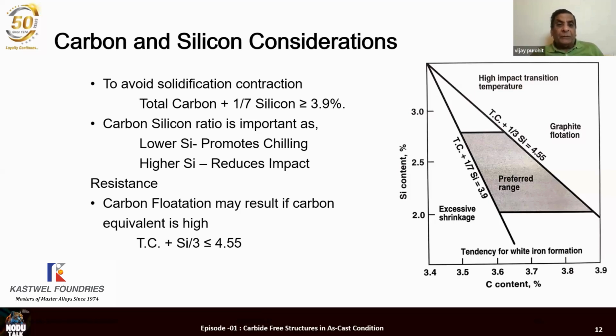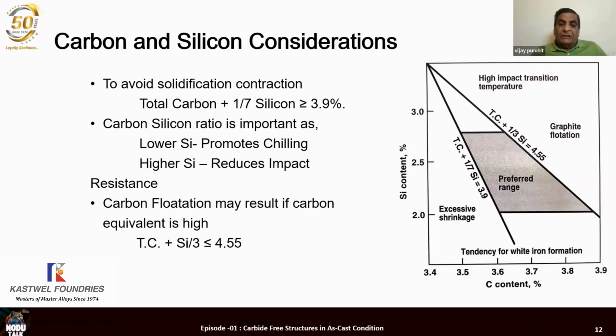So if you have to take away one important point from today's episode, please take this equation in your mind. Carbon plus 1/7 silicon should be more than 3.9. Most of the time, the carbon plus 1/7 silicon is around 3.85, 3.8, and sometimes even much less than that. And you will see the importance of this line when we go to the next 2 or 3 slides.